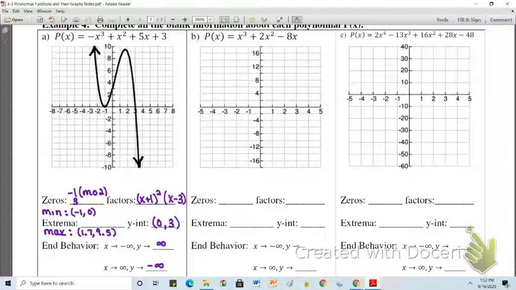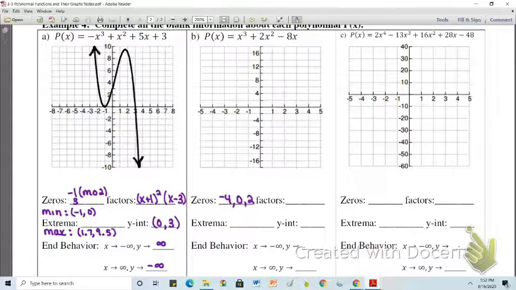Now we would go ahead and do that for both of these next ones. I am going to just write down the information because I already have it from Desmos, but that is where I'm getting it from. So if I look at this next one, I have zeros at -4, 0, and 2. And you may have to zoom out and zoom in when you're using Desmos.